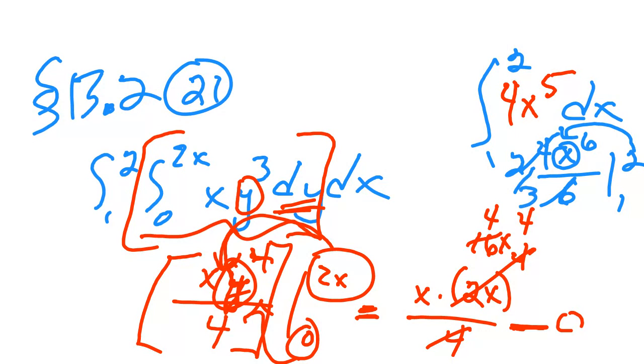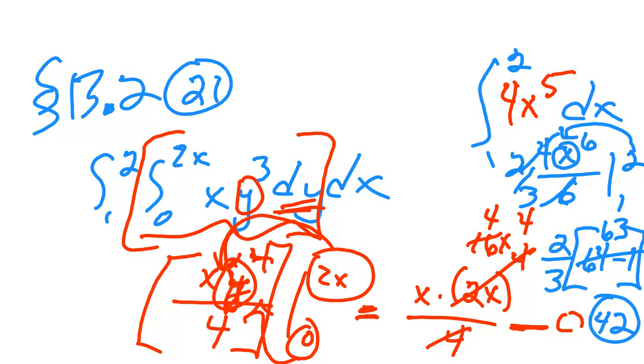I'm going to keep that out front. And then it's just 2 to the 6th power is 64 minus 1 to the 6th power is 1, right? So that ends up being 63 in there, divided by 3 is 21. So 2 times 21 is 42. So it's going to be 42. Should be the answer. Is that the answer in the back? I haven't even checked.